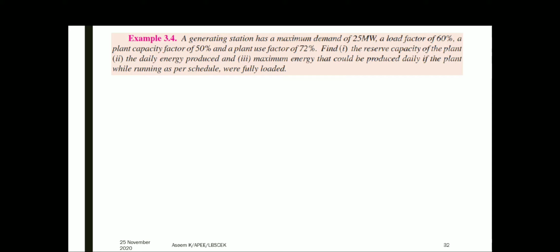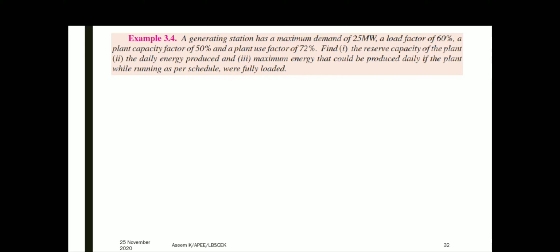Reserve capacity is nothing but the difference between plant capacity and maximum demand. That is plant capacity minus maximum demand.